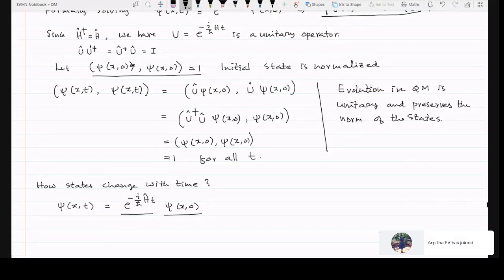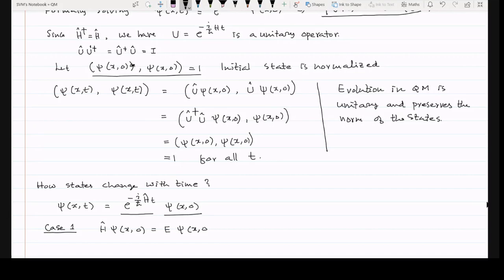Now, to understand what is the action of this operator on this state, let us try to study two cases. So, case one. Let's say that H operating on psi of x comma 0 is equal to some eigenvalue E times psi of x comma 0.